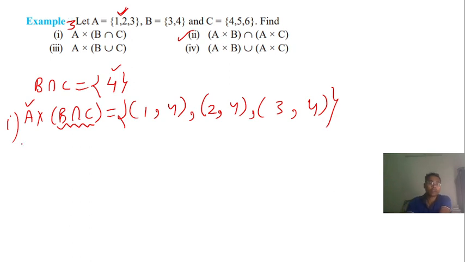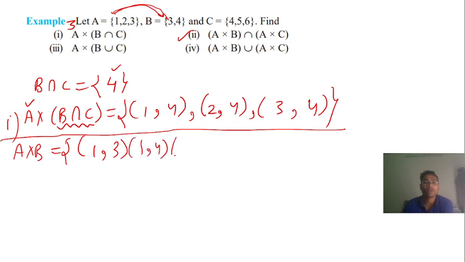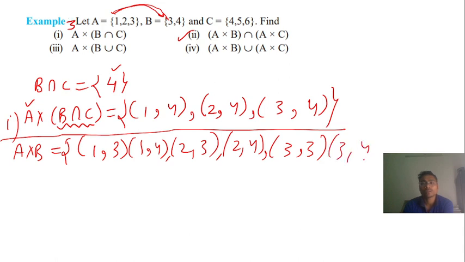So for solving the second part, we need to find A cross B. A cross B: first we write the element of A and then the element of B. So we are writing 1, 3, 1, 4, then 2, 3, then 2, 4, then 3, 3, and then 3, 4. So we have written A cross B.